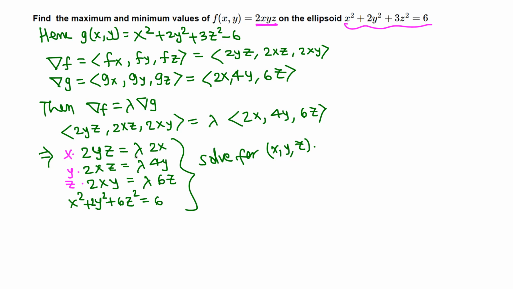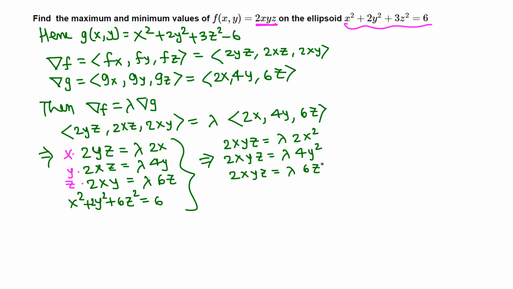Once we multiply, we get 2xyz equals lambda 2x squared. From the second, 2xyz equals lambda 4y squared. From the third, 2xyz equals lambda 6z squared.